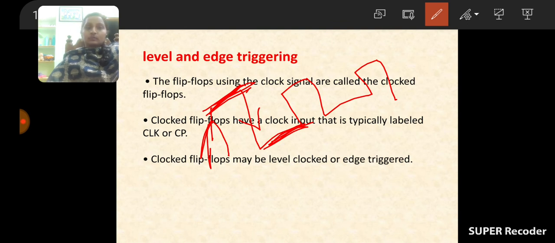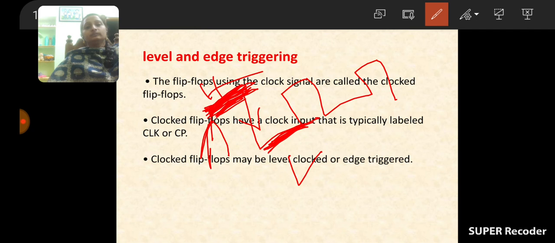If the output of one circuit is changed across these levels, high level and low level, means in the clock pulse, when this level is entered, at that moment the output must be produced according to the inputs. Then the triggering is called level triggering, means after application of the clock pulse, either at a high level or at a low level, the output is changed.